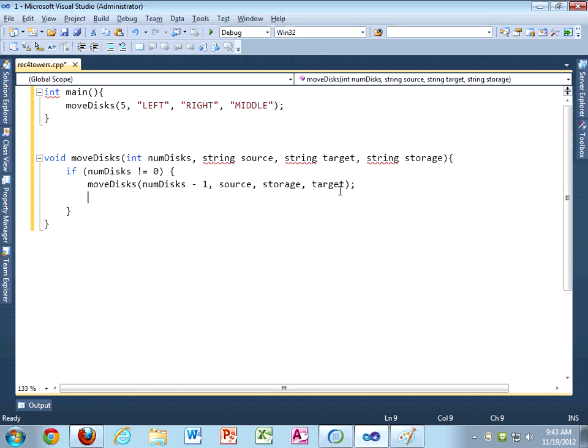Okay, the second step was move 1 disk from source to target.